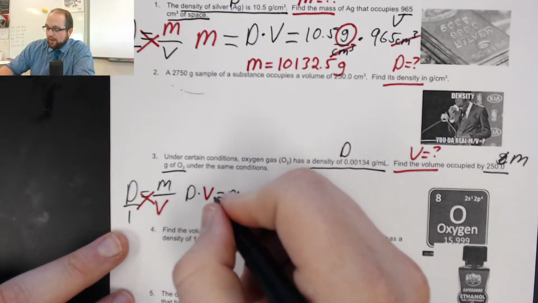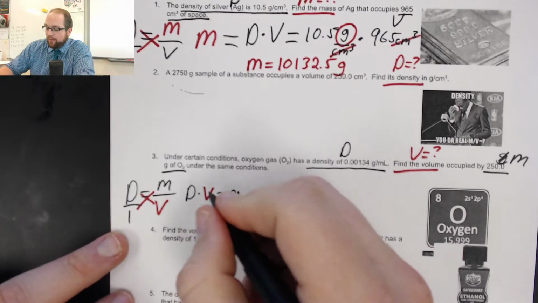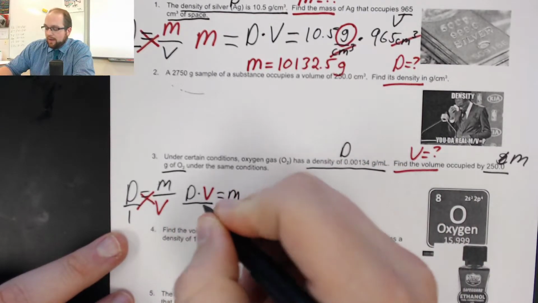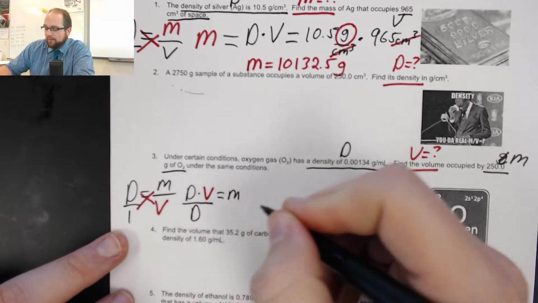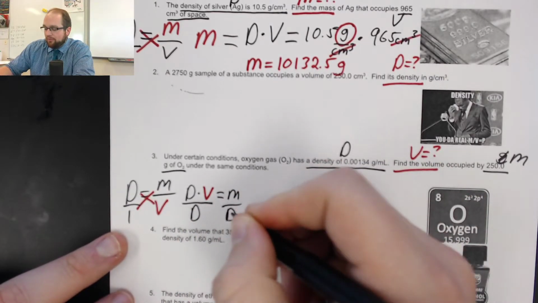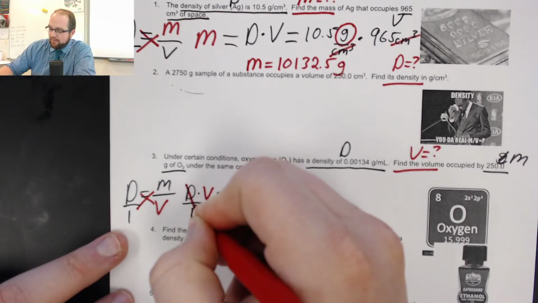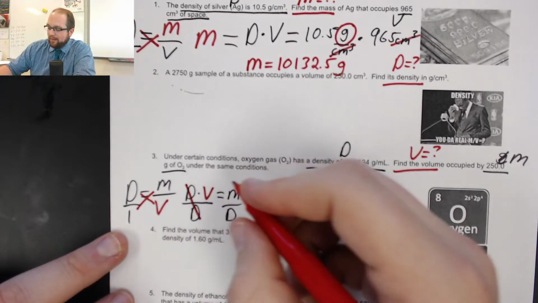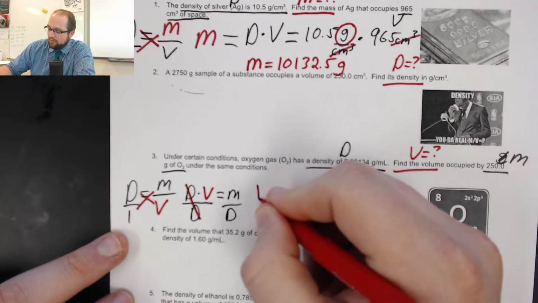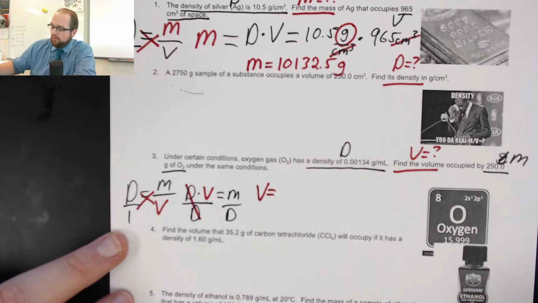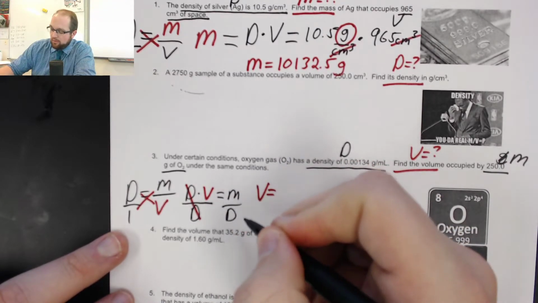I'm going to go ahead and see that these two are multiplying each other. I'm going to undo that multiplication by dividing by density on both sides. So the density on this side is going to cancel out, and I'll be left with my final equation. Volume equals m over d.